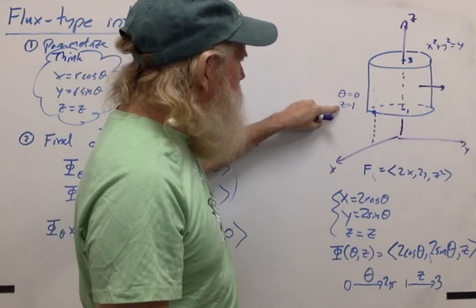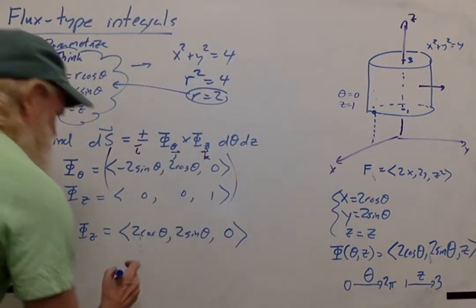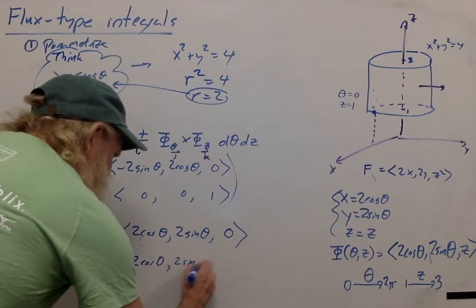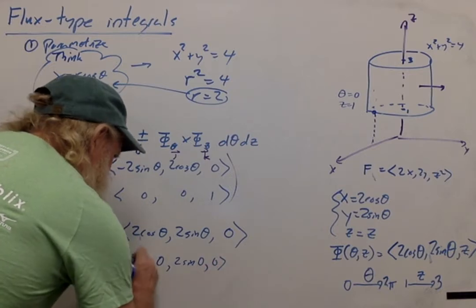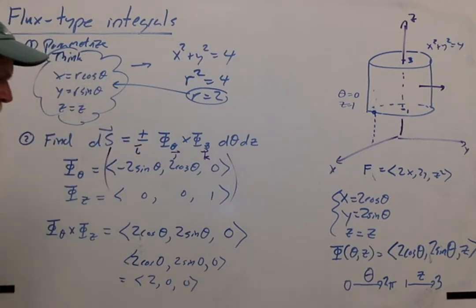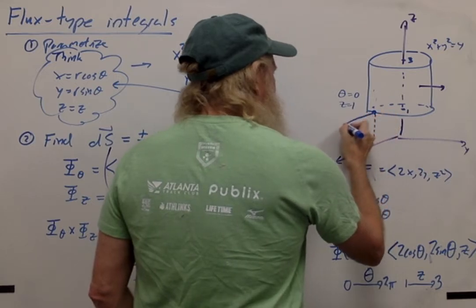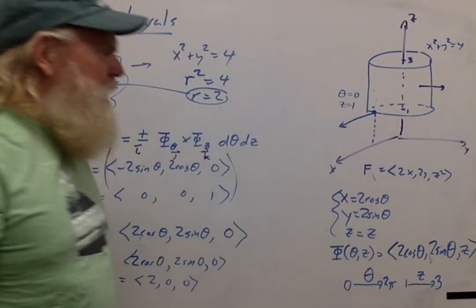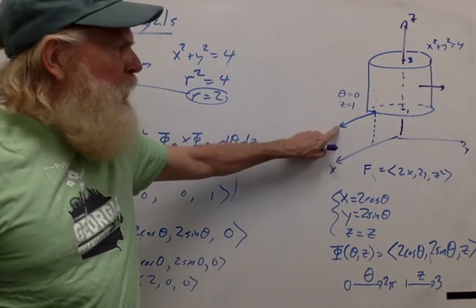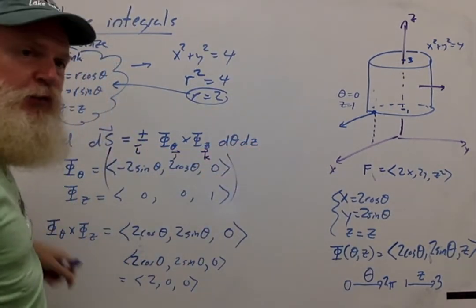So let's take theta equal to 0 and z equal to 1 and plug it into this formula. That would give me 2 cosine of 0, 2 sine of 0, and 0, which is 2, 0, 0. 2, 0, 0 is a vector of length 2 parallel to the positive x-axis. So notice that this vector is already pointing in the correct direction. So I do not need to put a minus sign in front of this cross product.